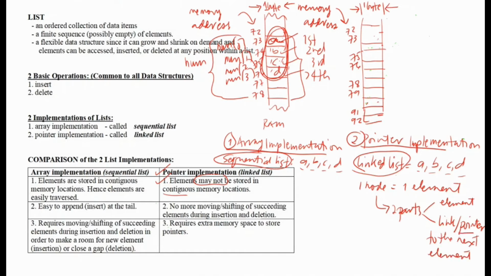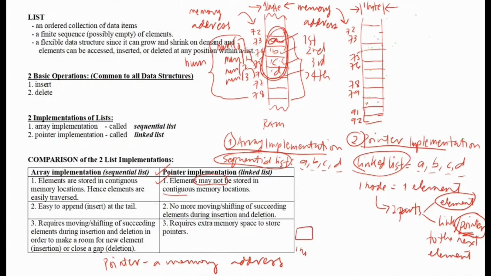And recall how we define pointer in our previous programming subject. A pointer is simply a memory address. So the first value of the node is the element value itself, and the second value is the memory address of the next element.